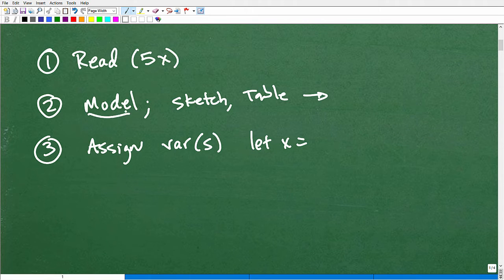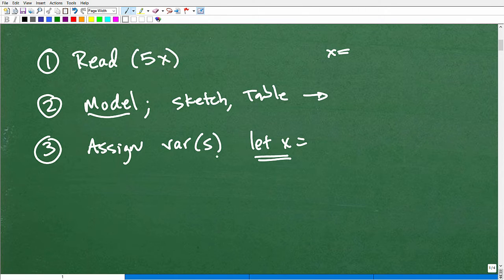When you build these models, it's oftentimes very easy to see what you want to let your variables equal, and then you have to declare them. Especially if you're doing this on a test or a quiz, your teacher wants to see this process. Believe me, you don't want to just read the problem and say, here is my answer. Even if you have the right answer, if you don't have the work to back it up, your teacher is probably not going to give you any credit at all.